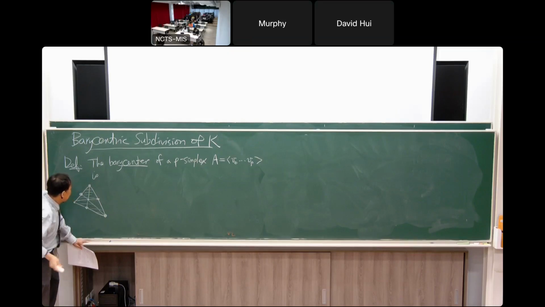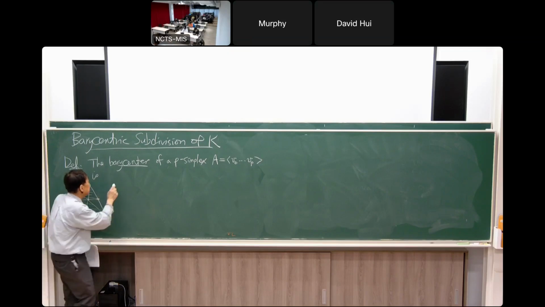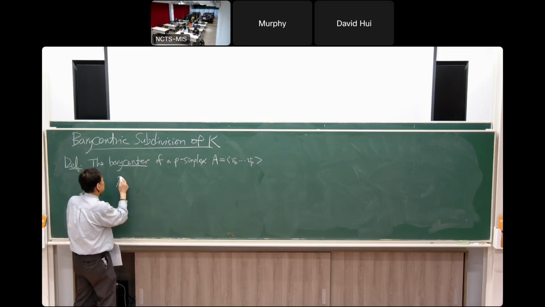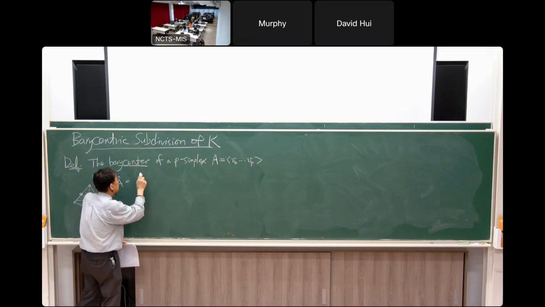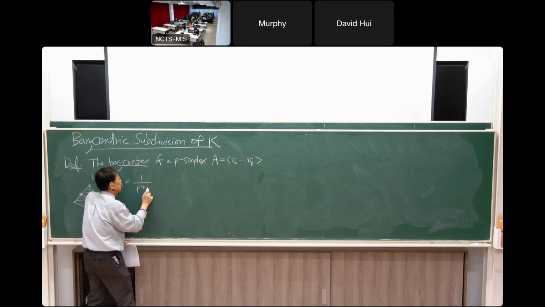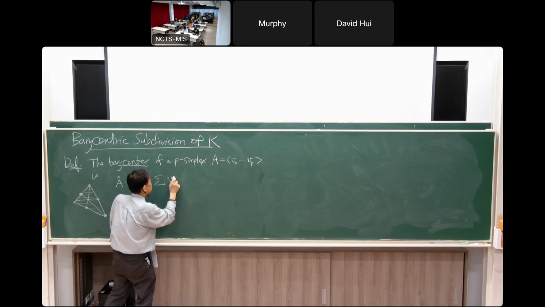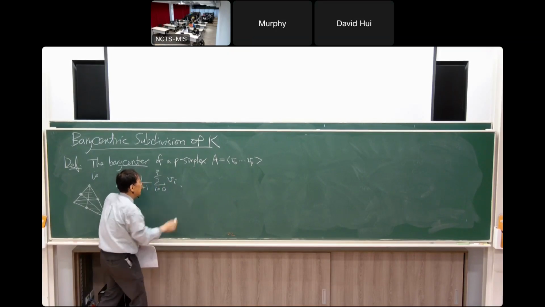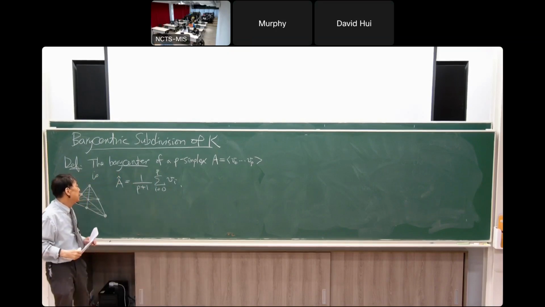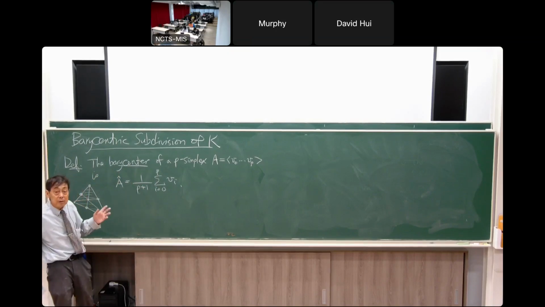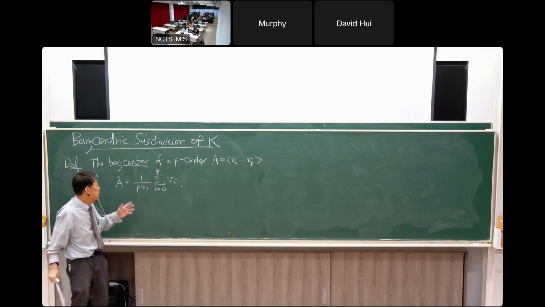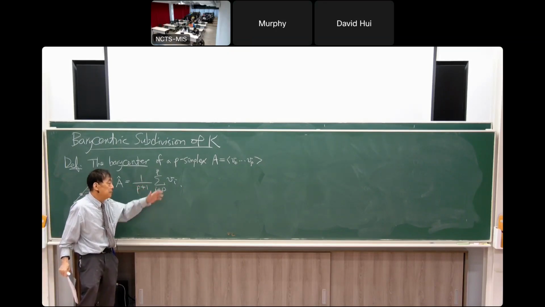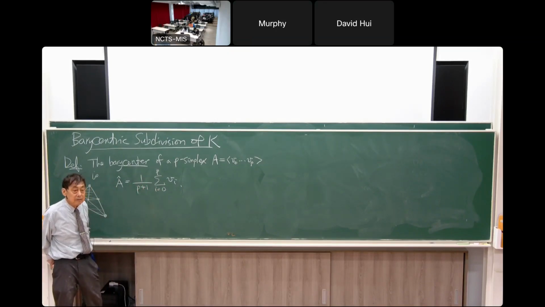So the barycenter of a P-simplex is given by this formula: 1 over P plus 1, times the sum of V_i, where i goes from 0 to P. So if you have 2 points, then P is 1, then you have 1/2 of V0 plus V1.